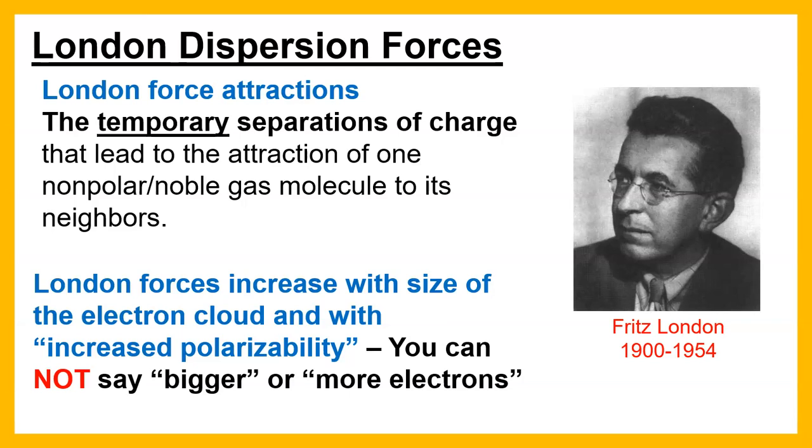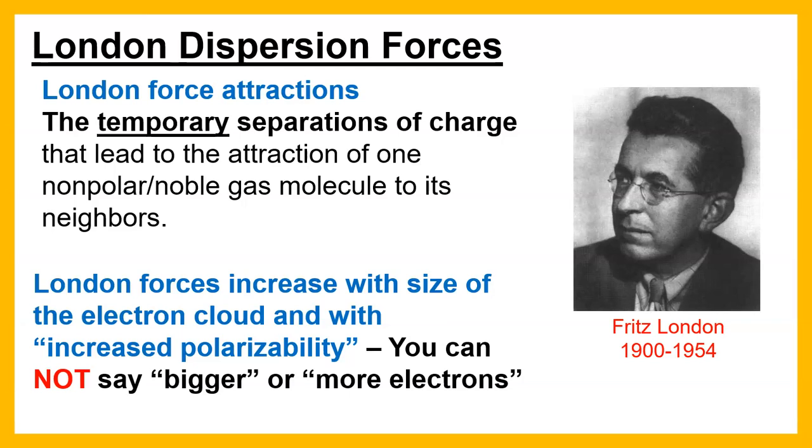Now that may work for an honors chem level, but we need to be a bit more precise with our language and a bit more in depth with our reasoning. So we need to talk about the electron cloud size and the increased polarizability. That just means it's easier for the electrons to end up unbalanced, right?